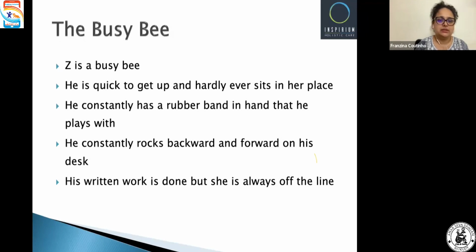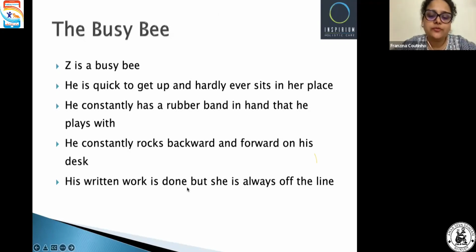Very good, tactile. It could also, if they're pulling the rubber band, correct, it's proprioceptive. Absolutely right. And the rocking back and forth, vestibular.